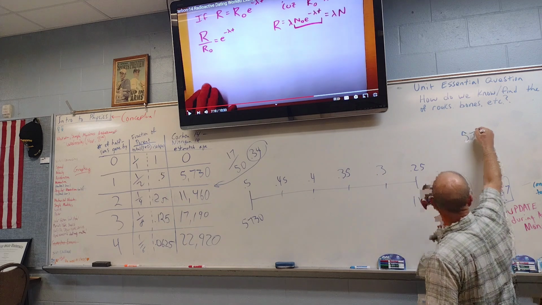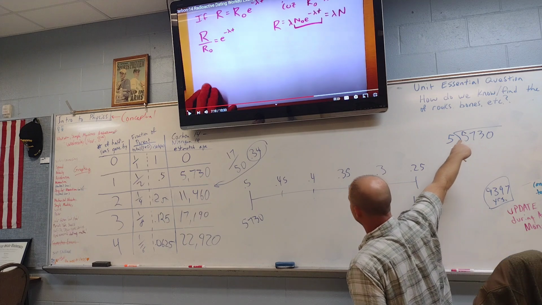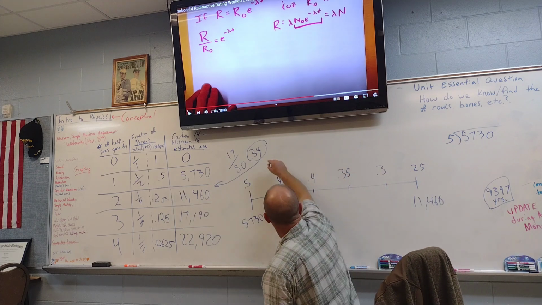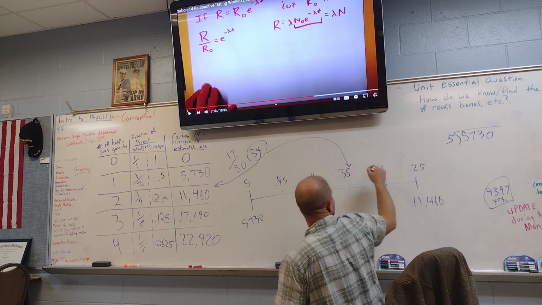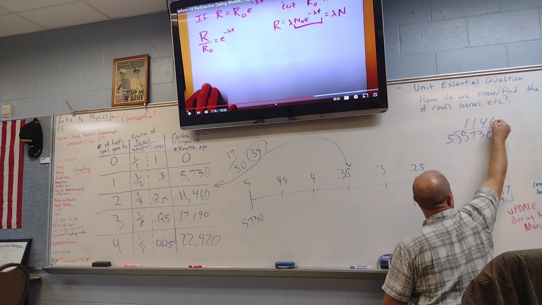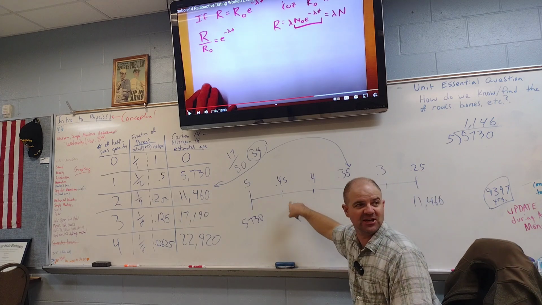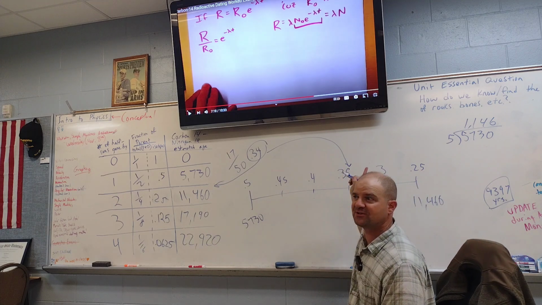So I've got my 5,730 years divided by 5. What is it? 1,146. So each of these chunks of time is 1,146 years.